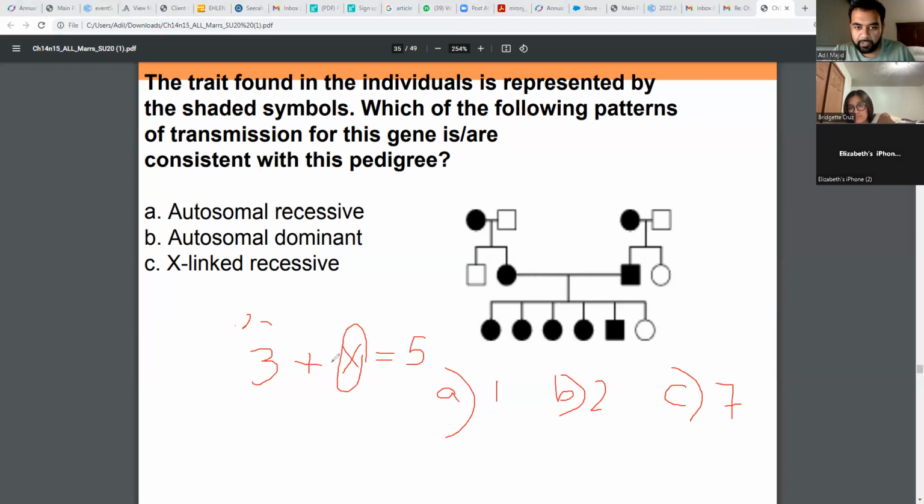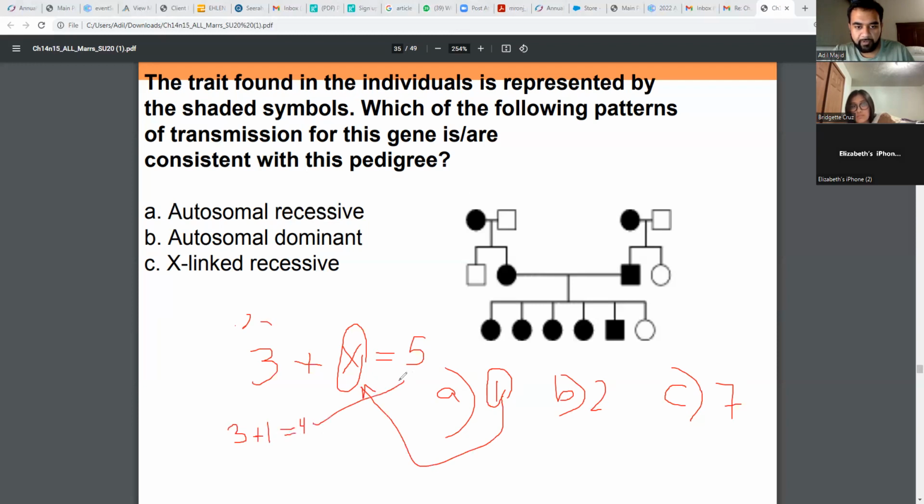What I'm telling you is one way to figure out x, especially with these pedigrees, is to plug in these values. Let's say x was 1. Does that work? 3 plus 1 equals 4.